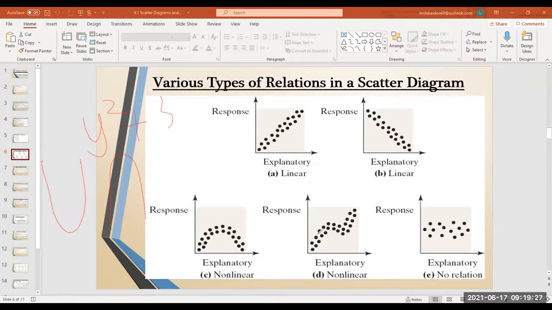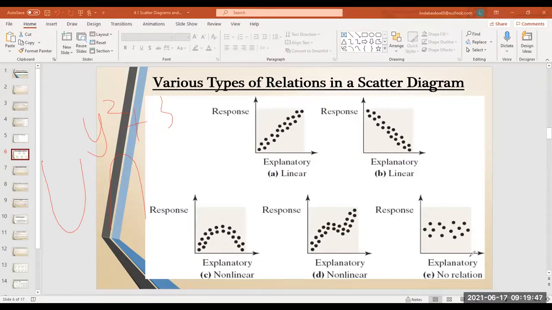If your scatter diagram came out like this, straight away you know that this is not linear. So not linear. They don't have a relation. They have a relation, except that the relation is not linear. This is not linear. This is not linear. And here it says that there is no relation.